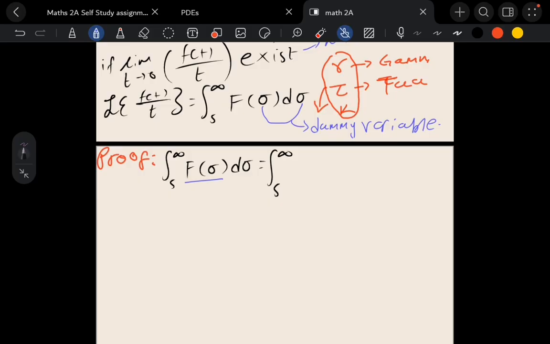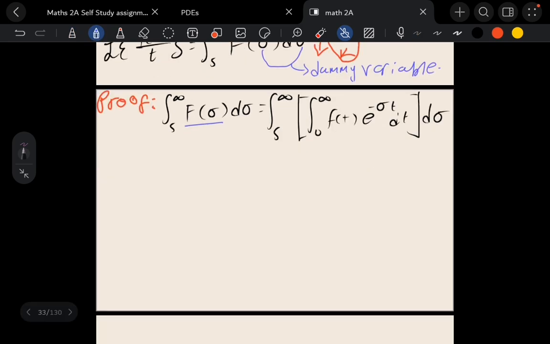So if we say that, we are going to have, in brackets, an integral from 0 to infinity of f of t e to the power negative sigma t dt, d sigma. Now in this case, we're introduced to something called the double integral.